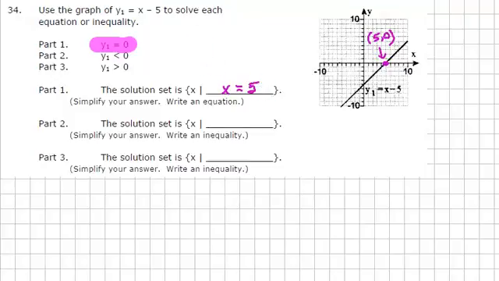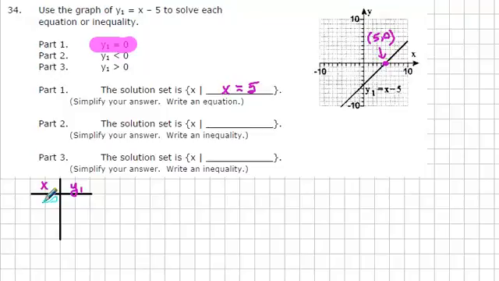And the way that we can check this with our equation is just to make a table of values. Put x and then y1.